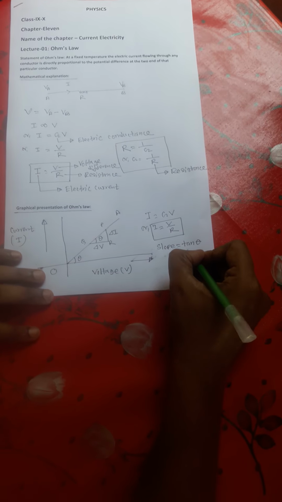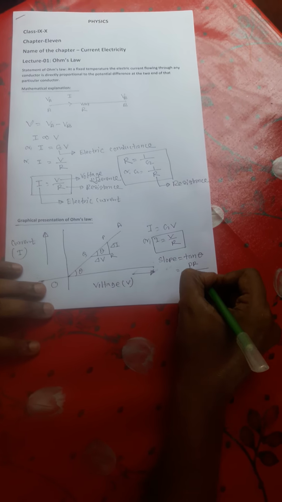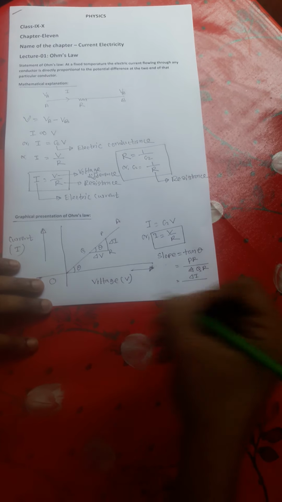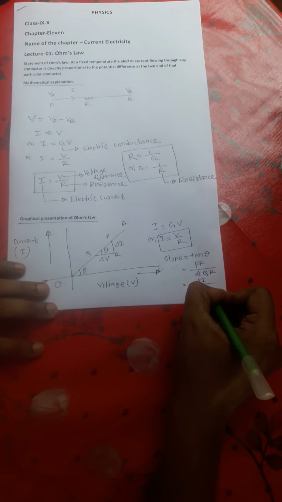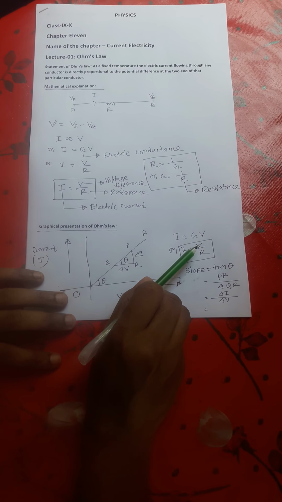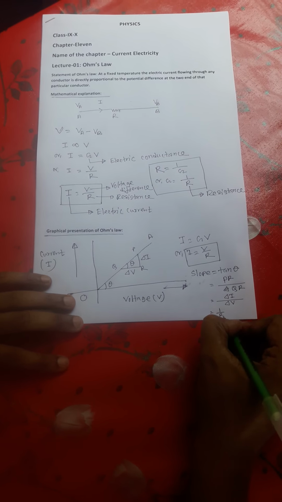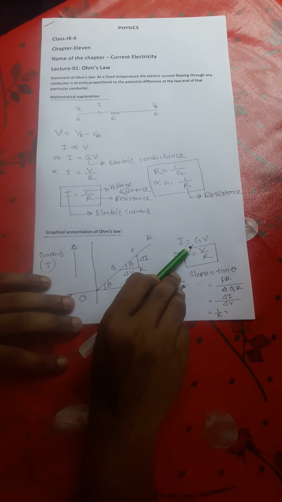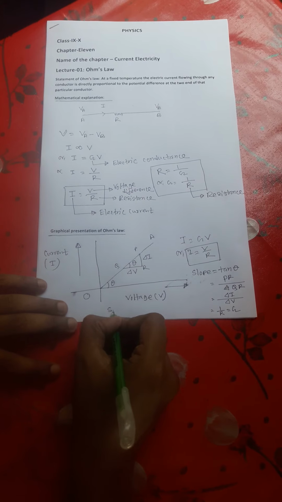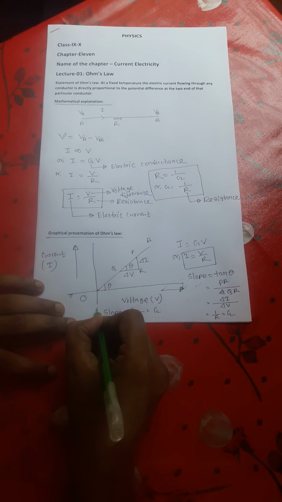In this case, the perpendicular is PR, indicated by delta I, and the base is QR, indicated by delta V. So delta I by delta V means I divided by V, which will equal 1 divided by R, or equal G. So the slope will equal 1 by resistance, or conductance.